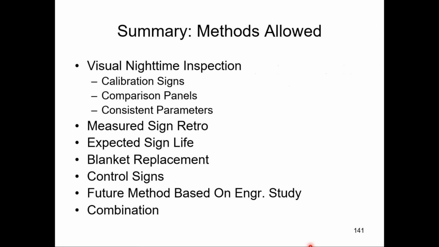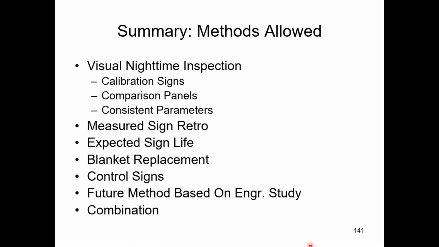So these are the methods allowed in the MUTCD, or in that associated document that's mentioned in the MUTCD. The assessment methods, which are the visual nighttime inspection methods, the three of them, the measured sign retro, and then the management methods, which are the expected sign life, blanket replacement, control signs, and also agencies can develop future methods or can combine methods.